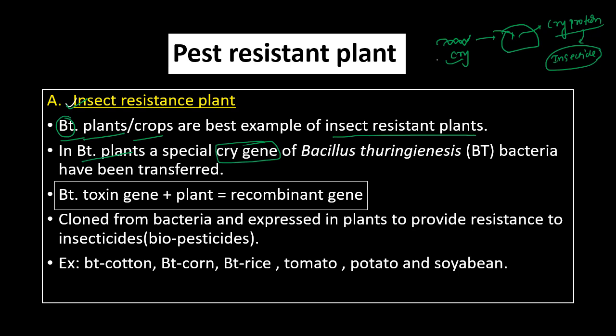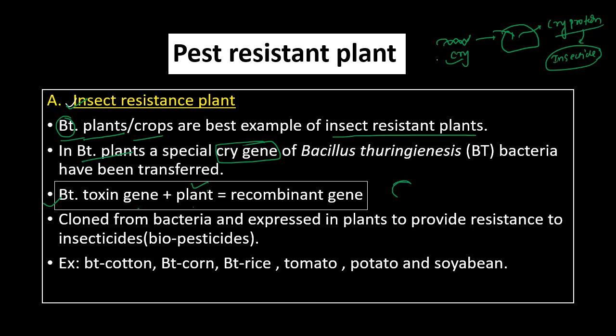So first, the Bt toxin gene. This is the Bt toxin gene or cry gene, which is put in the plant cell, and the plant also contains its own gene. This gene is integrated with the toxin gene.